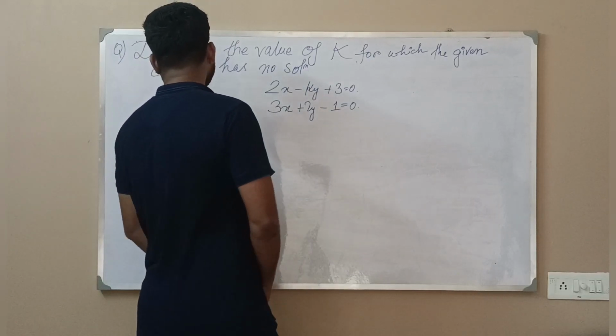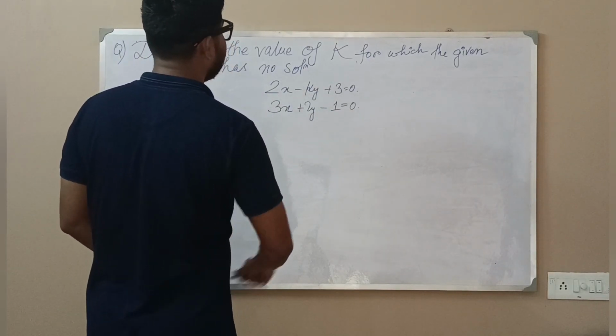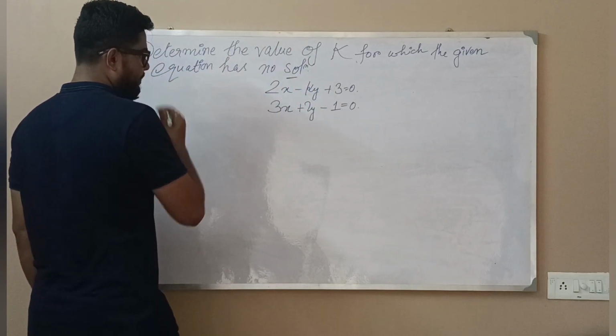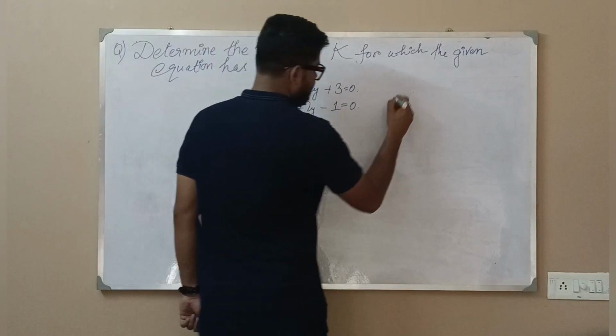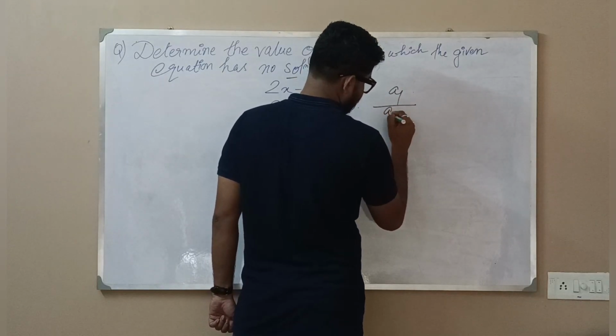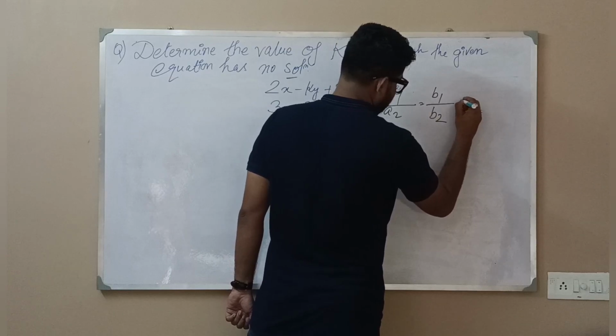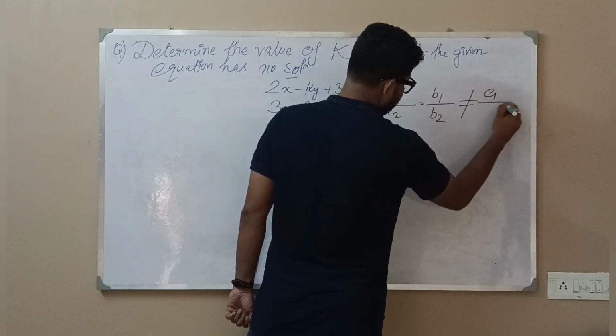Now this sum says determine the value of k for which the given equation has no solution. Okay, so for no solution we have to satisfy a1 by a2 equals b1 by b2 not equals c1 by c2.